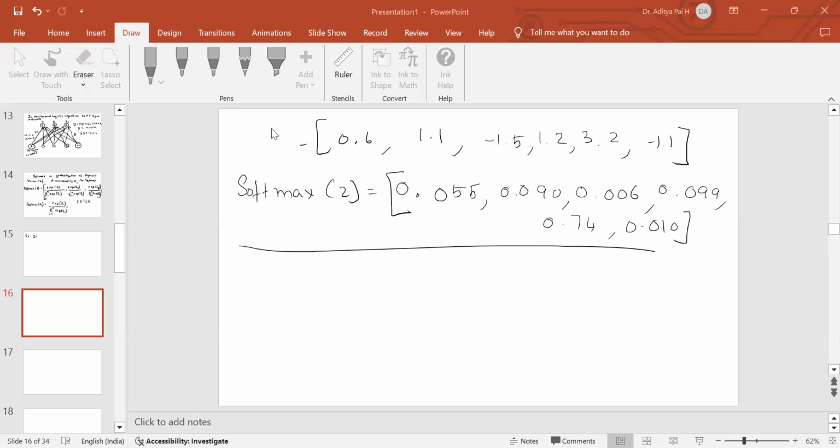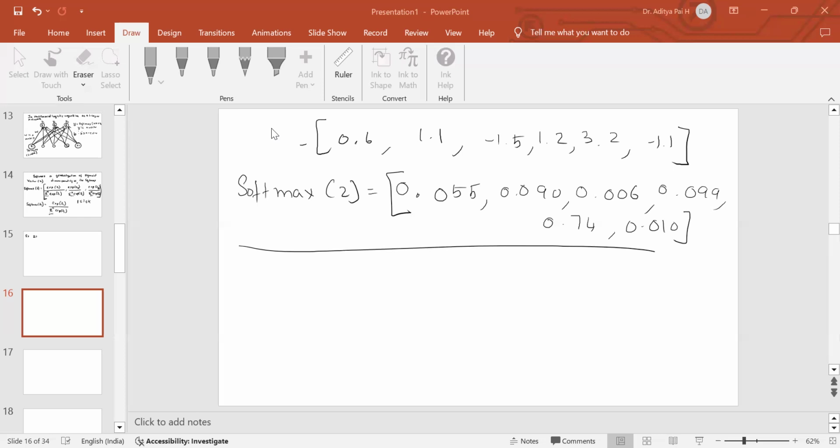Where Z is nothing but equal to, so this is my weight U, just like in the previous case. So U into H, where Y is nothing but a vector. Output is nothing but a vector. Same way here, H is nothing but a vector only. In the previous case, your Y was a scalar. Now in this case, it is a vector.